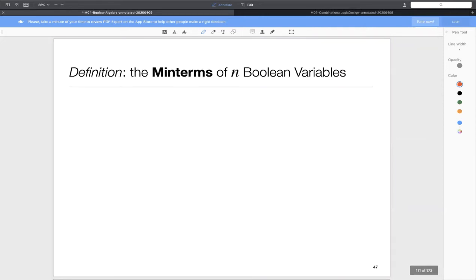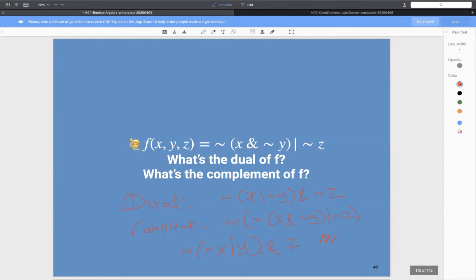Professor? Yeah, please. Wouldn't it be just not x and y, not of not x and y? Don't you have an extra not in there? No. So what I'm doing is the following. The first version of complement, version 1, is basically taking this whole expression and then applying the not to that. So that's a not of f.